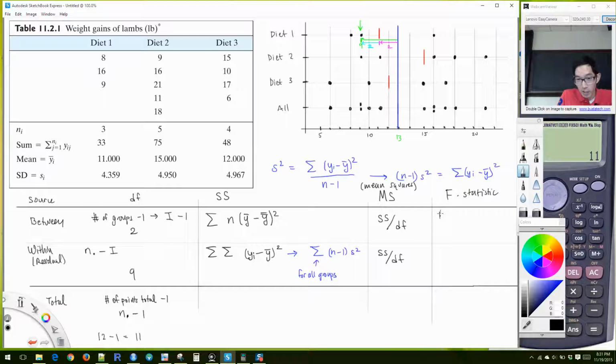And this is equal to the mean squares of our row, so in this case, mean squares between, divided by mean squares residuals.